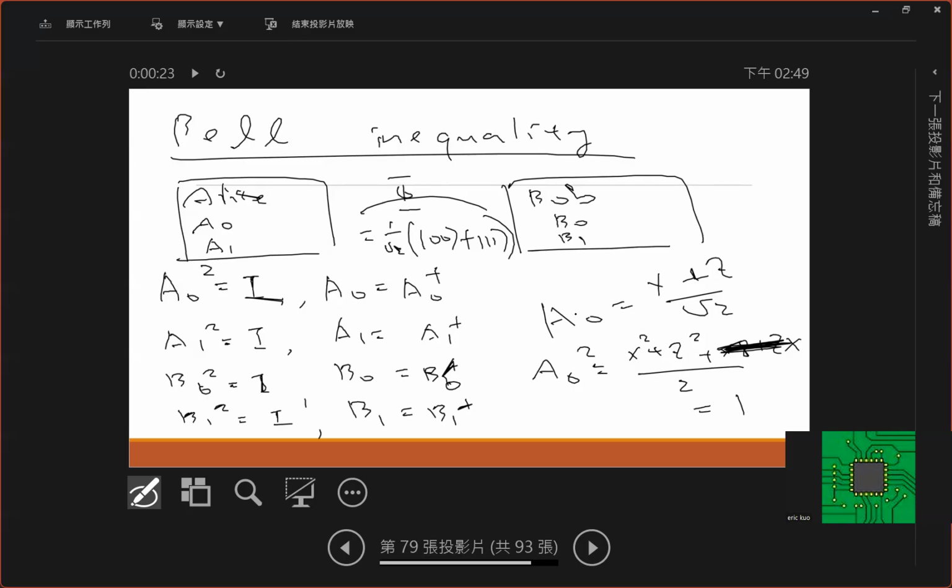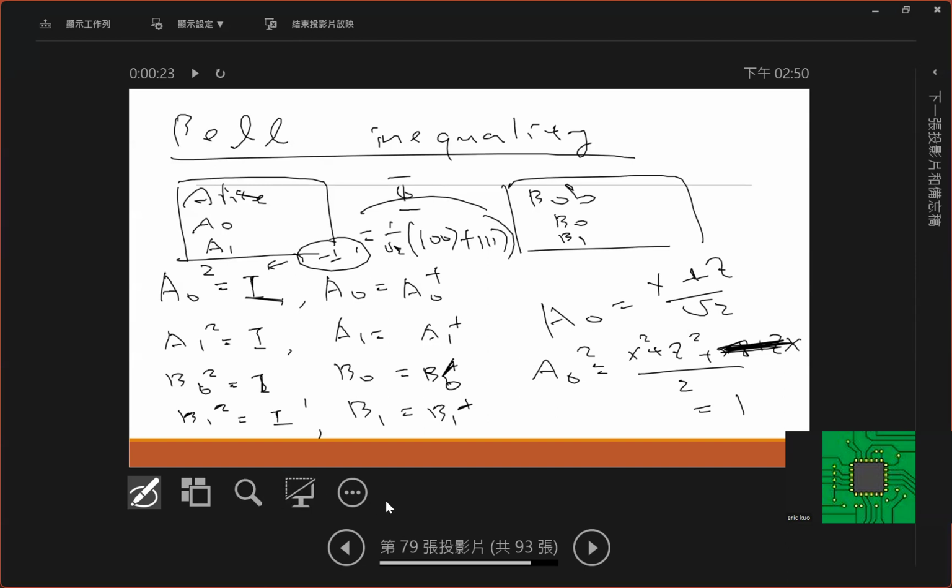No matter what, if Alice uses A0 to measure, she will always get either plus or minus 1 as the outcome by the axiom, because A0 squared is 1. She always gets plus or minus outcome by eigenvalue, and also for Bob.